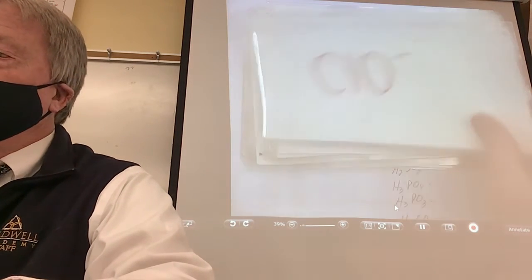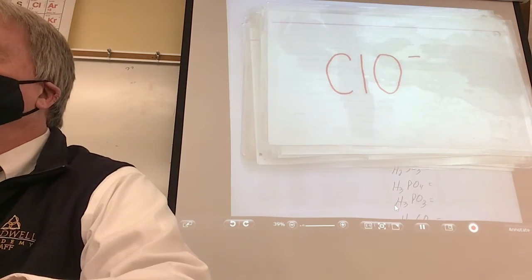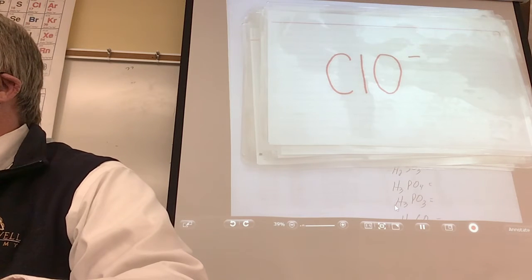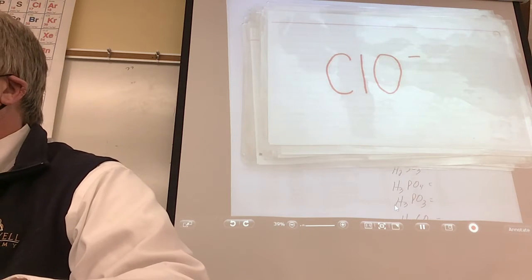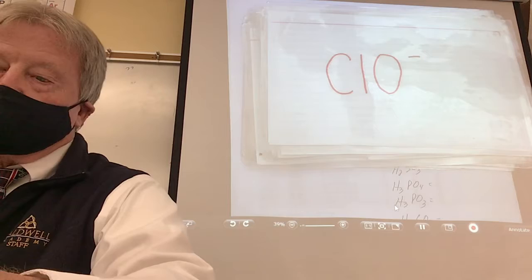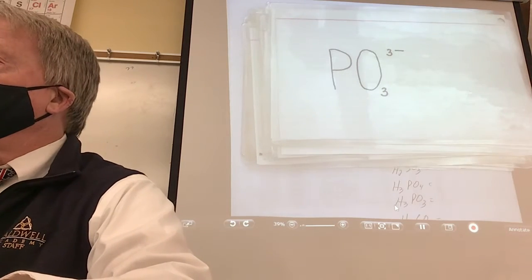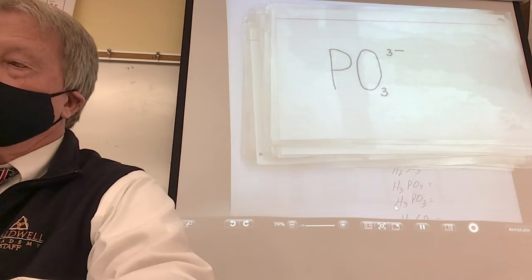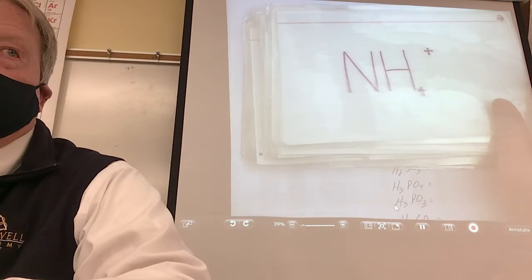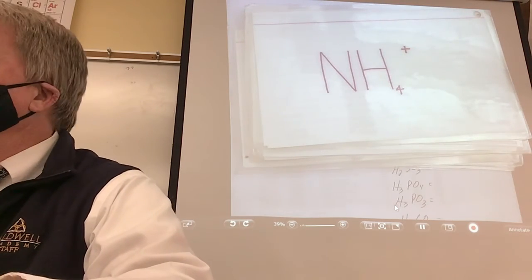Okay. That's a hard one. It's even less oxygen than chlorite. Hypochlorite. Phosphite. The only polyatomic that you write first because it's positive. Ammonium.